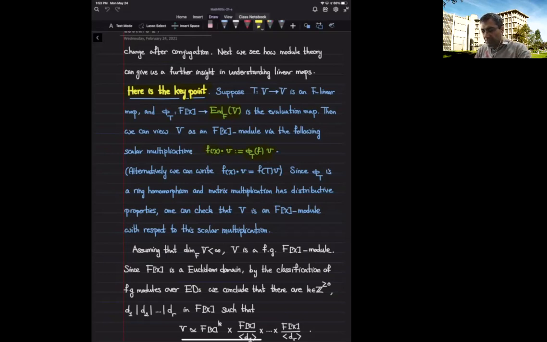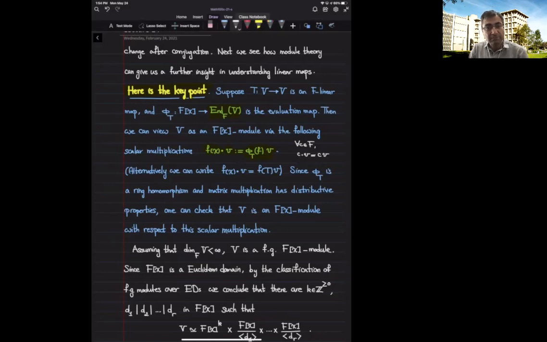And notice that if I give you a scalar, an element c inside F, thought of as a constant polynomial in the ring of polynomials, then c dot v is compatible with cv, the scalar multiplication of the vector space V. So if v1, v2, up to vn have F span giving the entire vector space V, we can deduce that the vi's also generate V as an F[X] module.